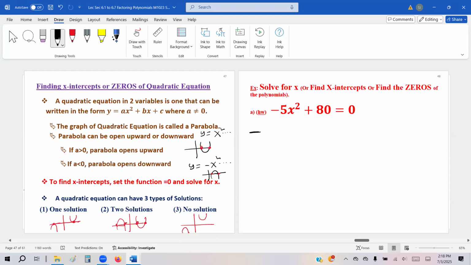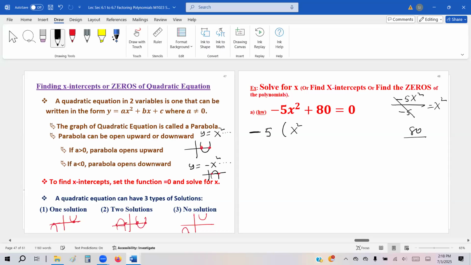We have x squared and no x, so you cannot pull out any variable. But how about 5 and 80? Can you factor out anything from 5 and 80? 5. So you factor out negative 5. So we have negative 5x squared. We factored out negative 5. They cancel out. We get only x squared.